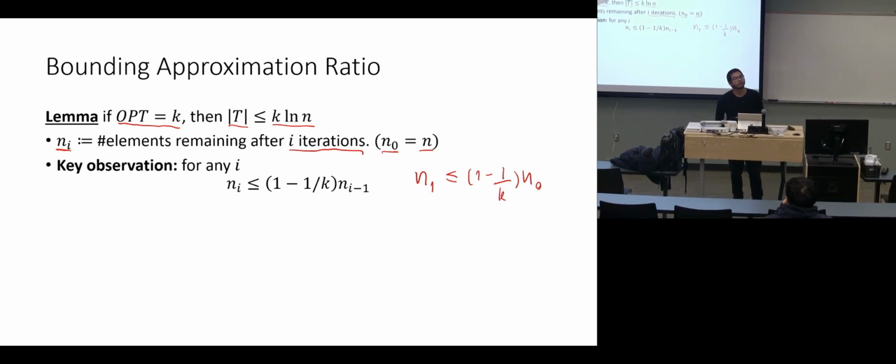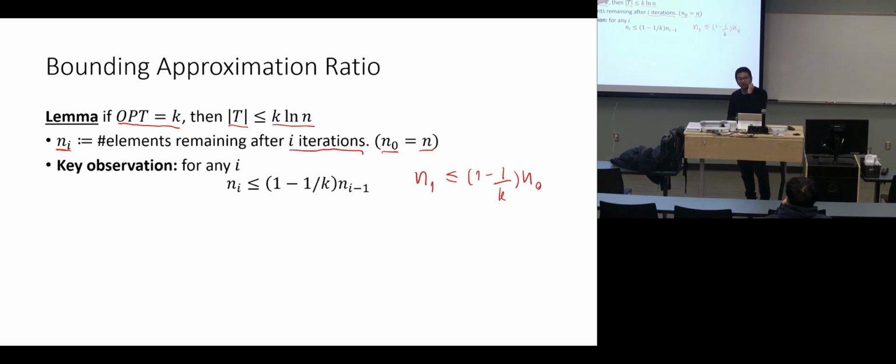That means there has to exist at least one set that covers at least 1 over k times M of them, because that's the best case where everything is evenly split. Otherwise, it's imbalanced, so there has to exist something that covers more than that fraction. Yeah. So since your greedy one selects the one that covers the most, you get that inequality.